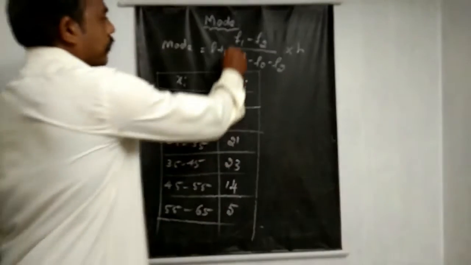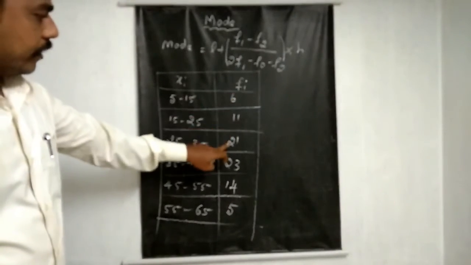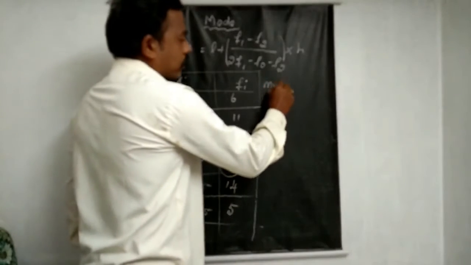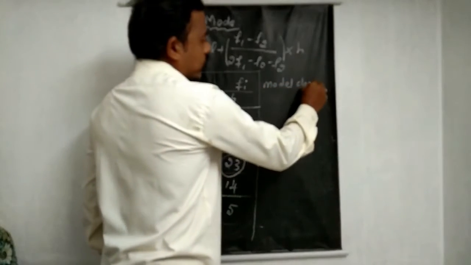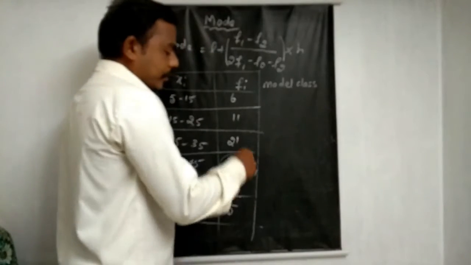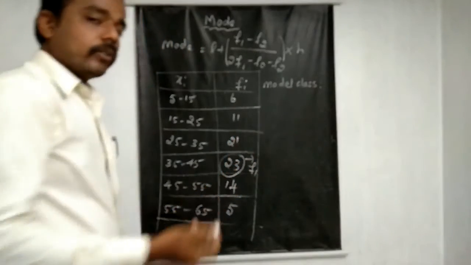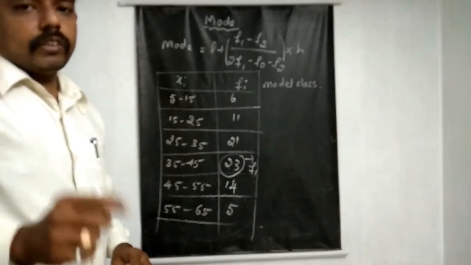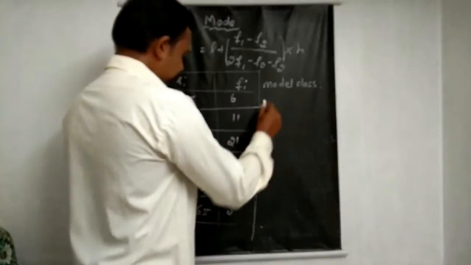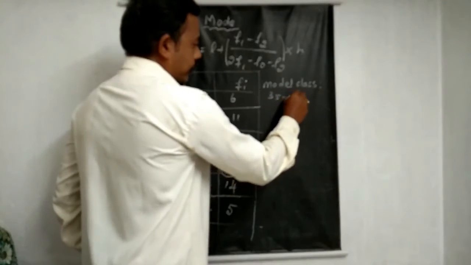Now we find the modal class. Check 6, 11, 21, 23, which is the biggest. The modal class has frequency F1. You can also name them F1, F2, F3, but don't change the F0, F1, F2 order. Here the modal class is the class interval 35 to 45.